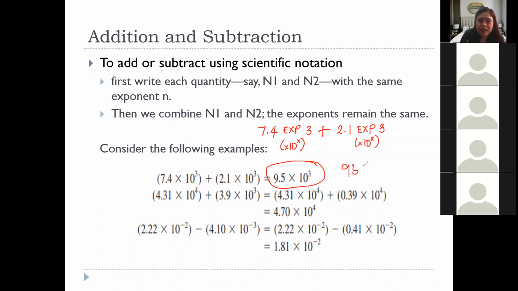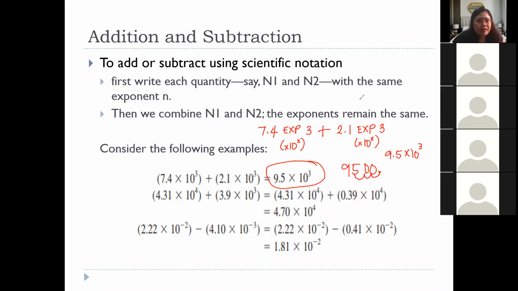It will give you 9,500. But nevertheless, that is actually the same. Because if we will make 9,500 as scientific notation, remember the decimal is here. If we move this becomes 1, 2, 3. So this is 9.5 times 10 raised to the power of 3.